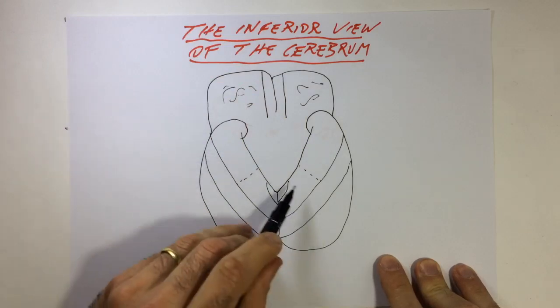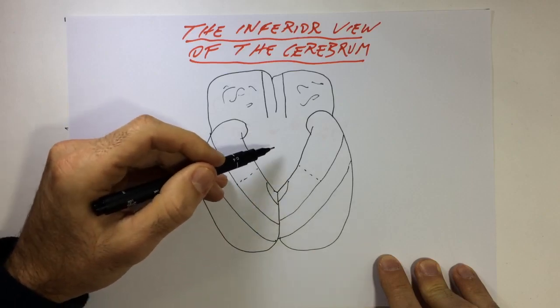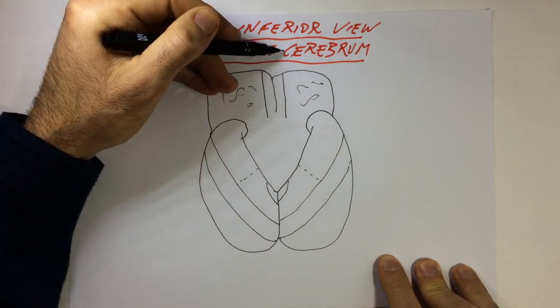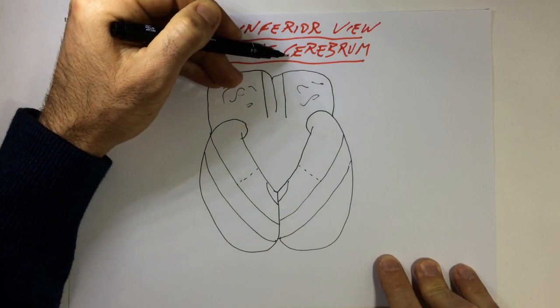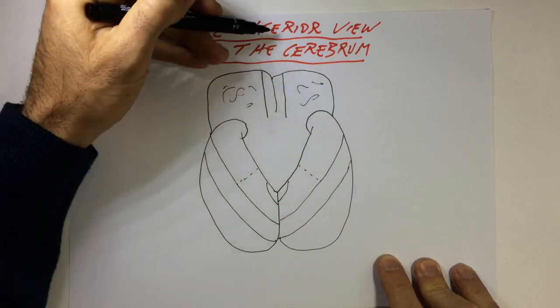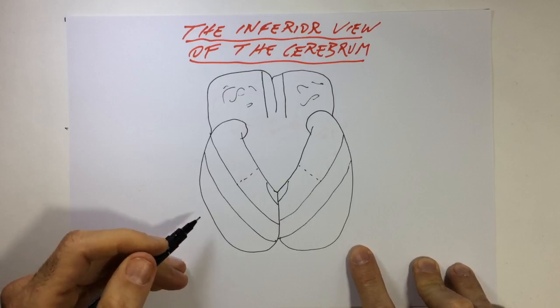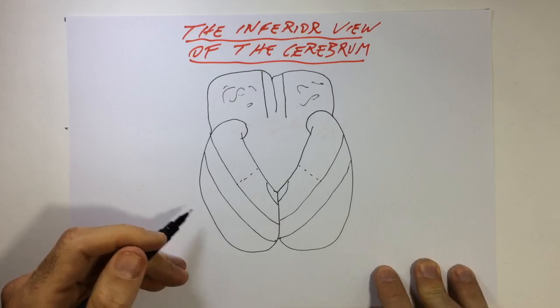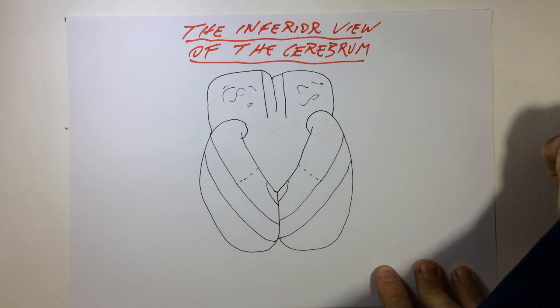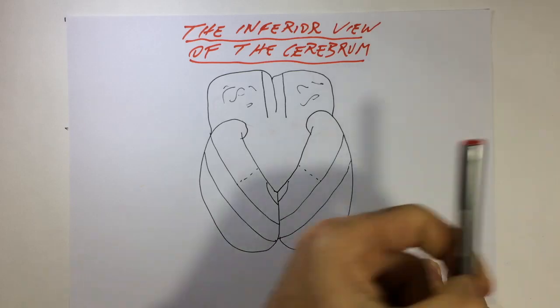So I removed the cerebellum and the brainstem. So I just left the cerebrum. That's why it's the inferior view of the cerebrum and not the inferior view of the brain. And what I want to show you guys is how to name all the sulci and gyri of this structure.